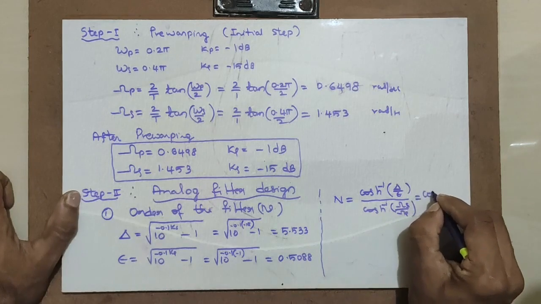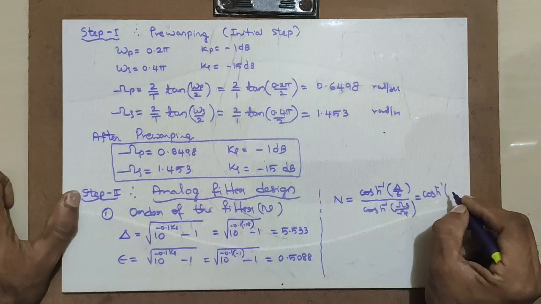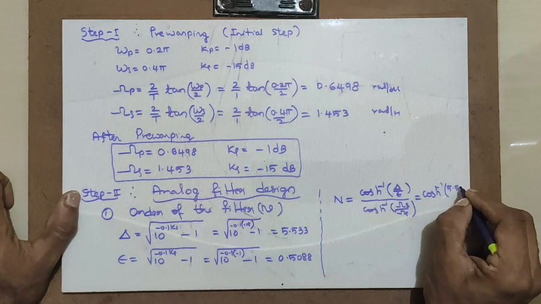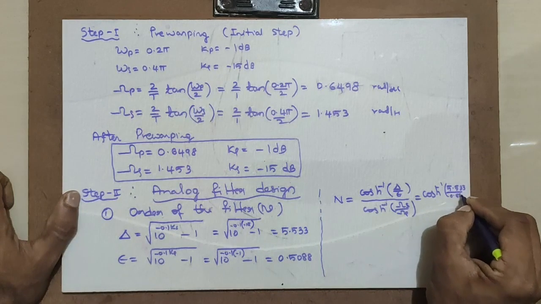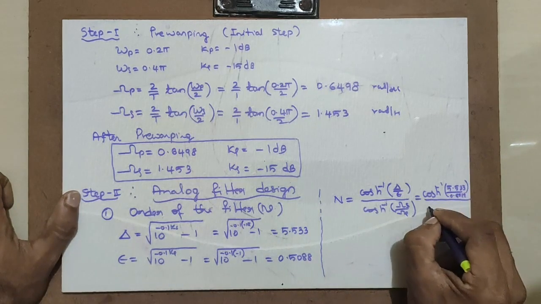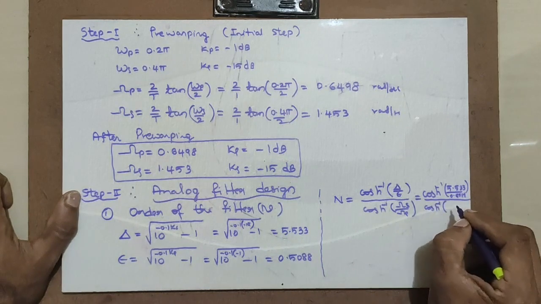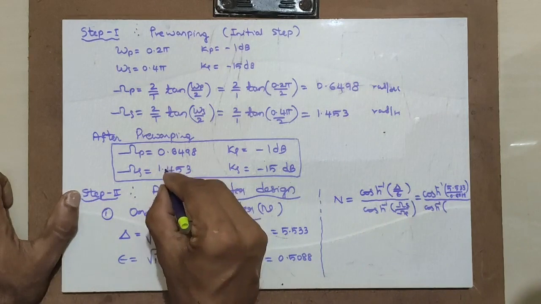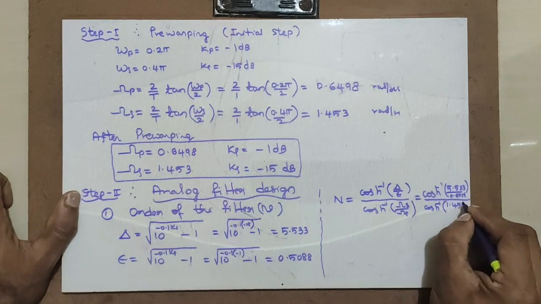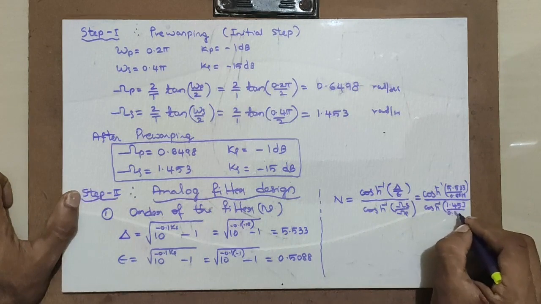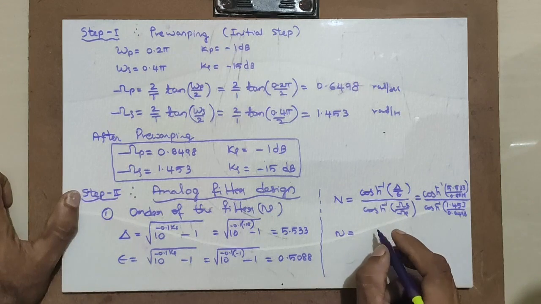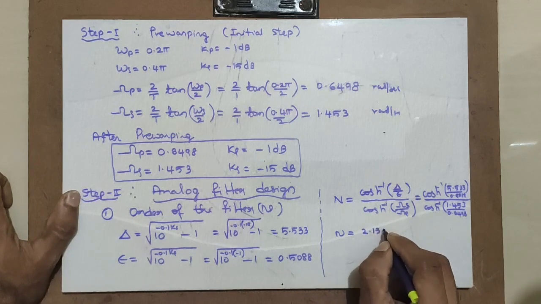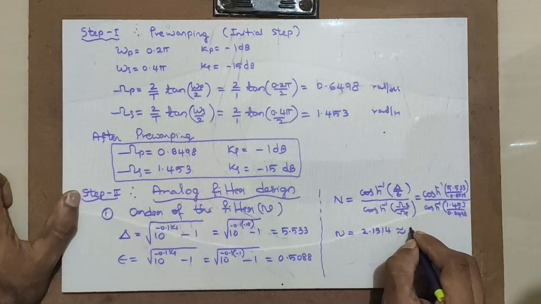Now it is equal to cosh inverse of delta 5.533 divided by epsilon 0.5088, whole divided by cosh inverse of omega s value 1.453 divided by 0.6498. Just solve this with the cosh inverse and you will get the answer as 2.1314, which I shall round off to 3.